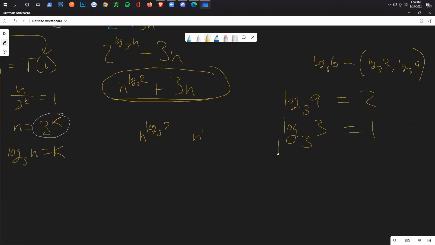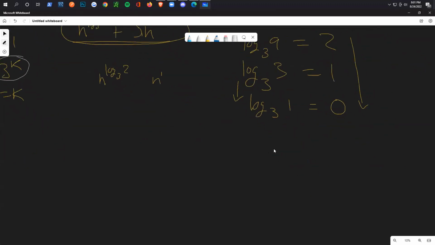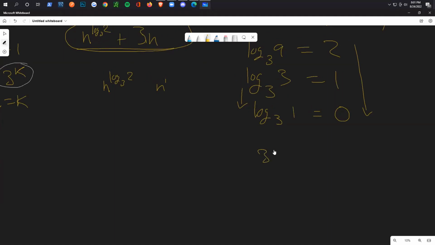So as you go down the logs, this value is also going to go down because the exponent it has to be raised to is smaller. So if you do, for example, 3 to the log base 3 of 1, this would equal 0 because 3 to the 0 is equal to 1.